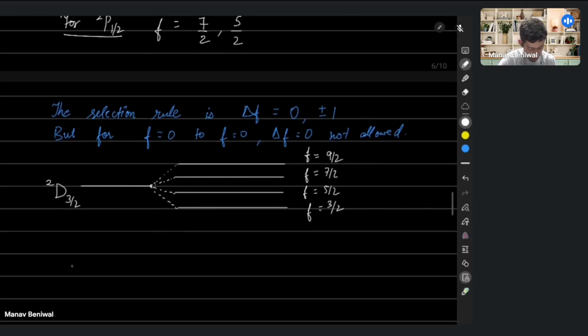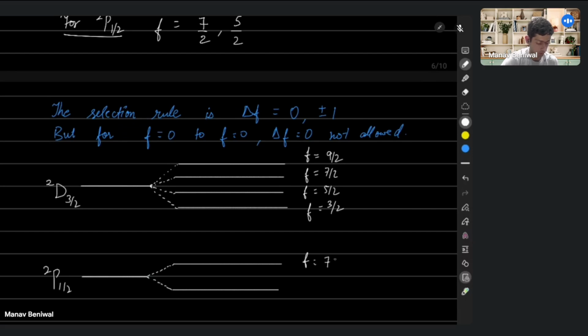Similarly, we can do for 2P 1/2, and it will be split only in two lines, for F equals 7/2 and F equals 5/2.